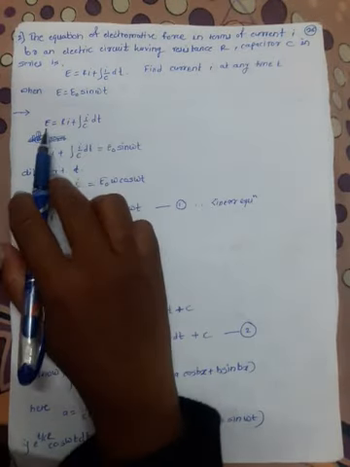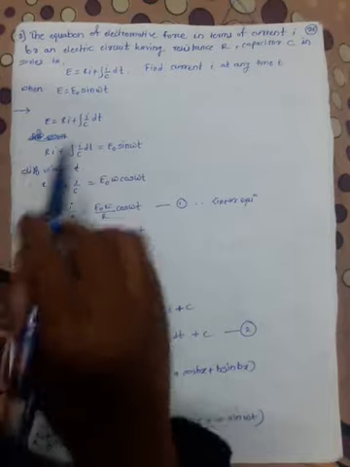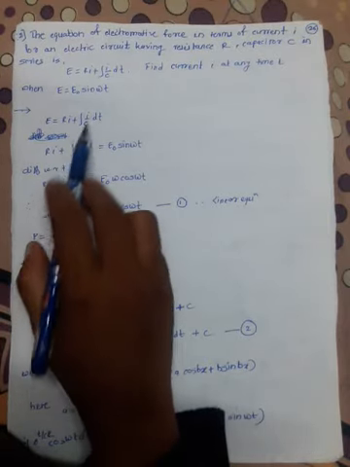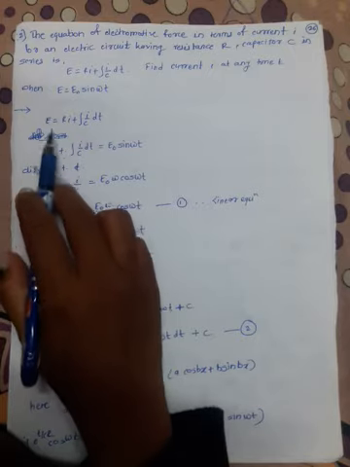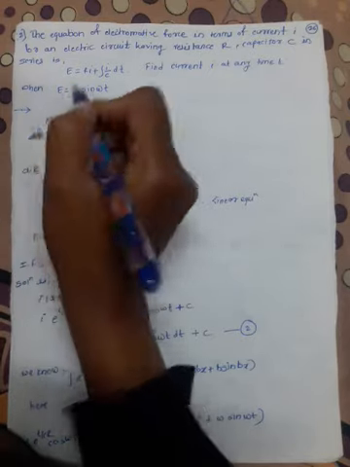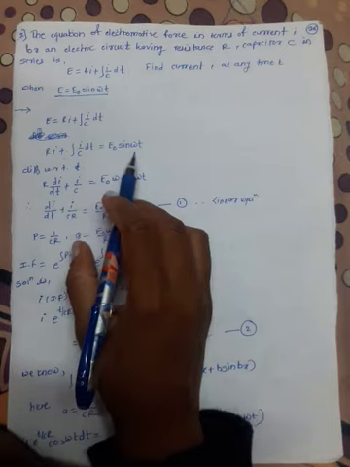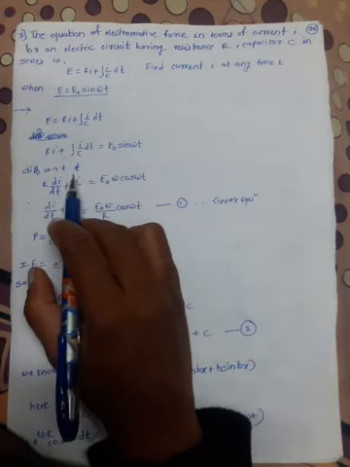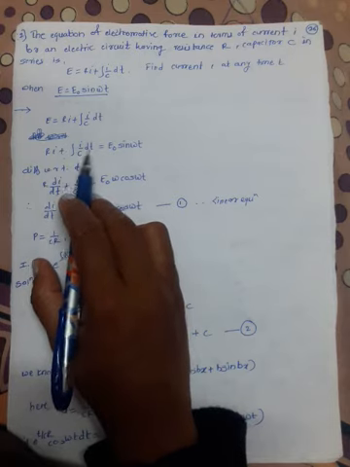Now the given equation: take Ri plus the integral side on the LHS, and put the value of E as given, E naught sine omega t. Now to cancel out this integration we differentiate the equation with respect to t. What do we get?